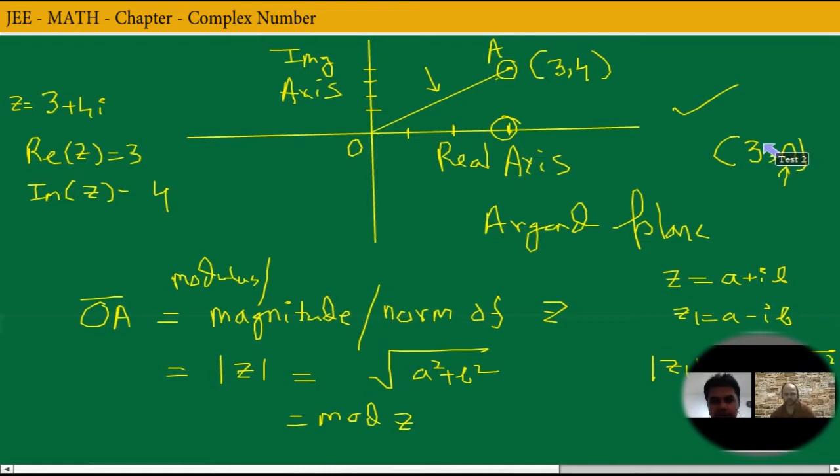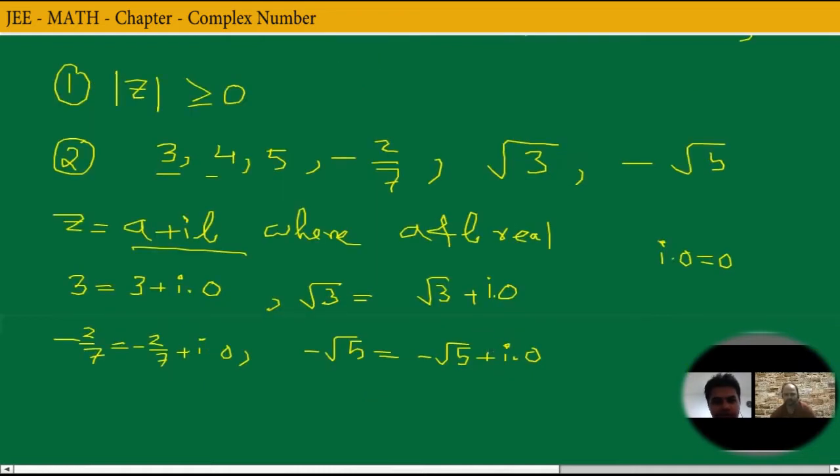Let's come to one more example, when we write negative i or maybe i. How can we convert it into the standard form? By standard form, I mean a plus ib.